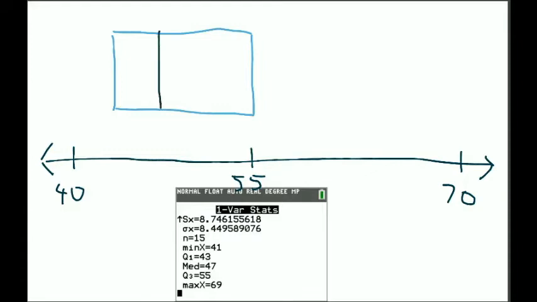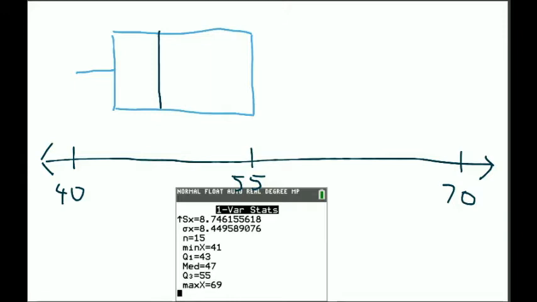Now remember, we draw a horizontal line from Q1 to the lowest number that is greater than the lower fence, which is 41. That just happens to be our minimum in this case.